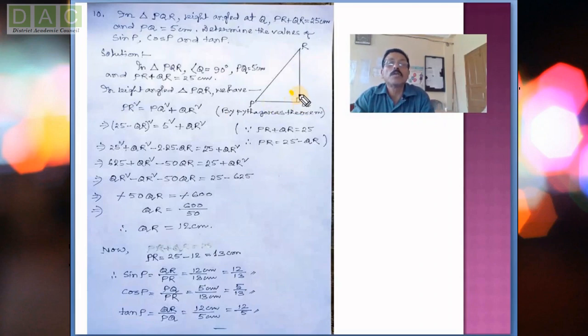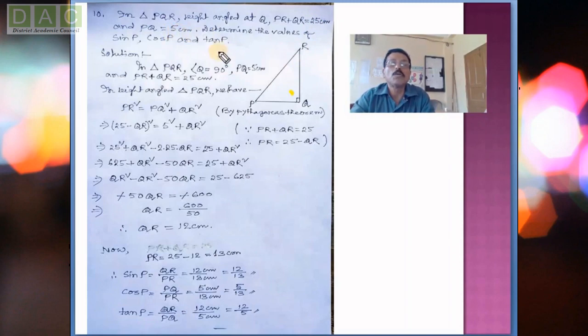It is given in the question, and PR plus QR together is given as 25 cm, and PQ is given separately as 5 cm. In other sums the two sides are given and we find the third one, but here the two sides' values are given together and one is given separately.